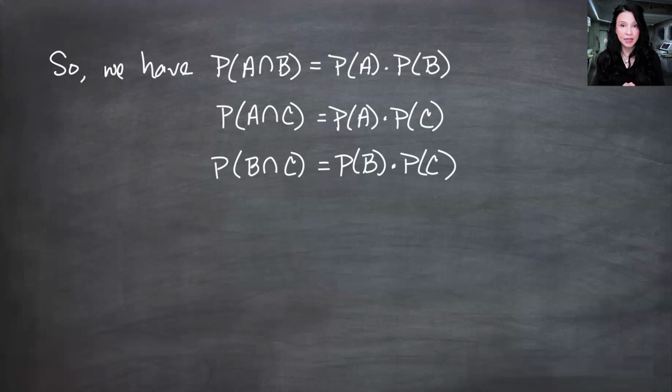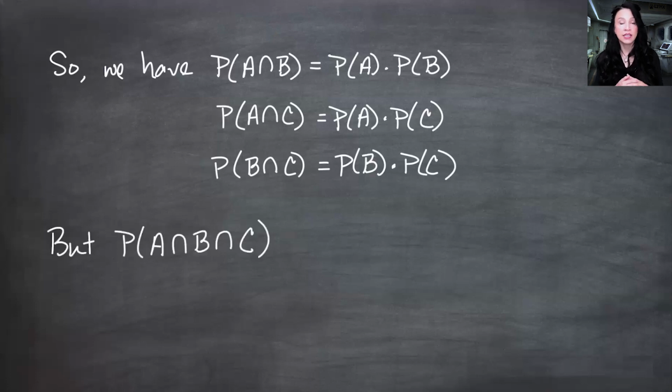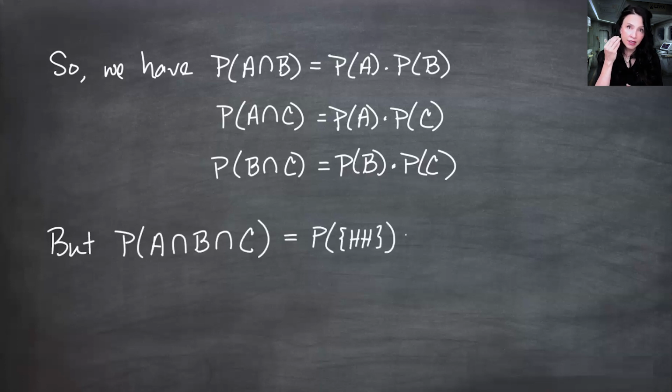But this is supposed to be an example of pairwise independence not implying the mutual or non-pairwise independence, what you would get if you just say independence of all of these sets. The probability measure of A intersected with B intersected with C, if you intersect all of these, you get the common value, the single outcome that is the result of 2 coin flips, heads, heads.